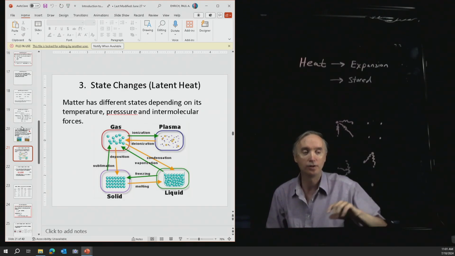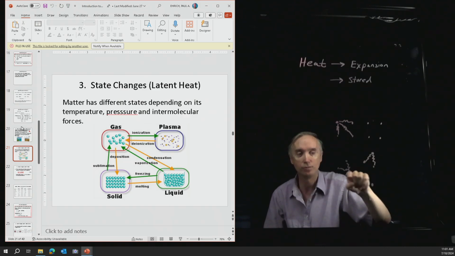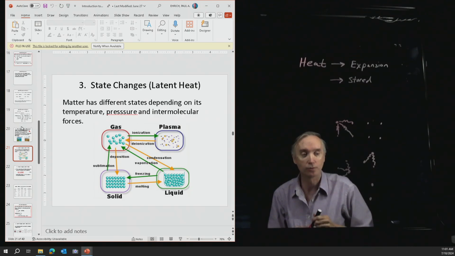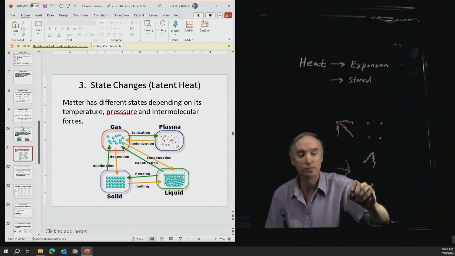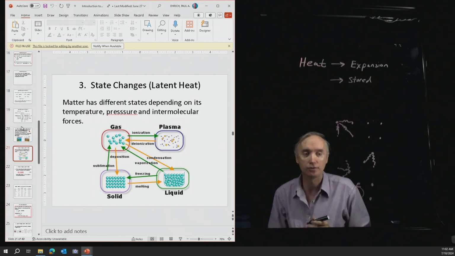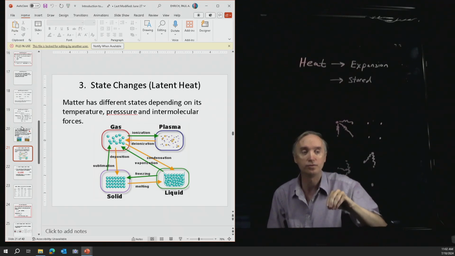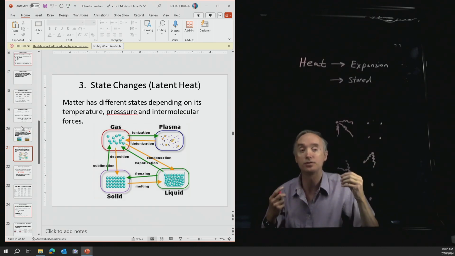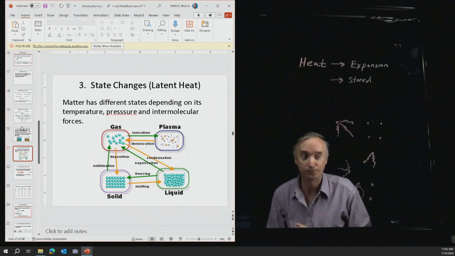And if you add more heat to this gas, the next thing that's going to happen is that the electrons are going to pop off. So remember that each of these atoms is going to have a positive nucleus, and then it's got an electron in orbit around it. So if you add enough energy to an atom, it will cause that electron to come off the atom. And then we say it's been turned into a plasma.